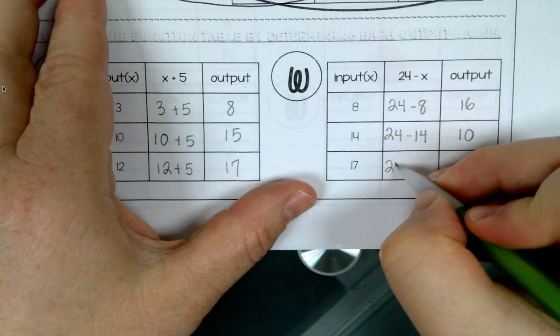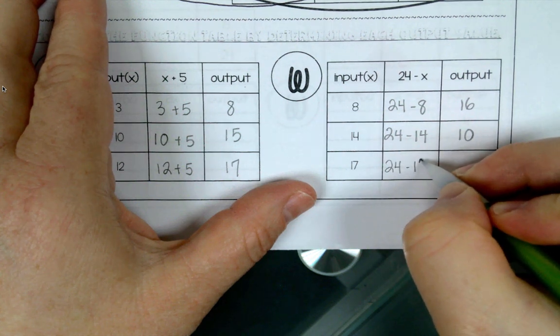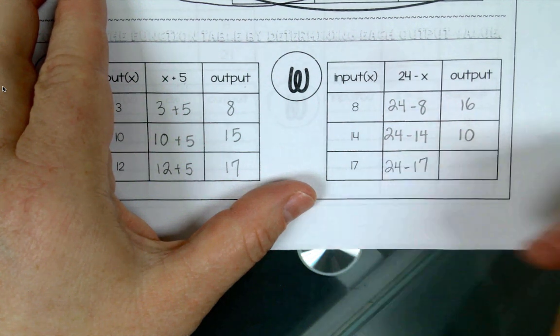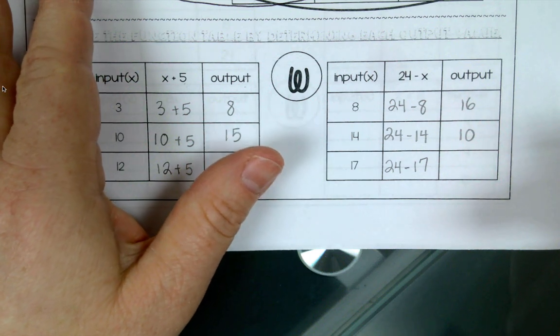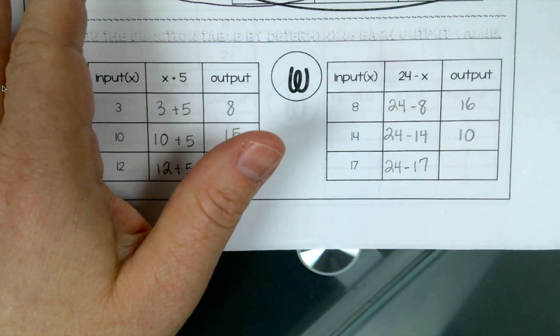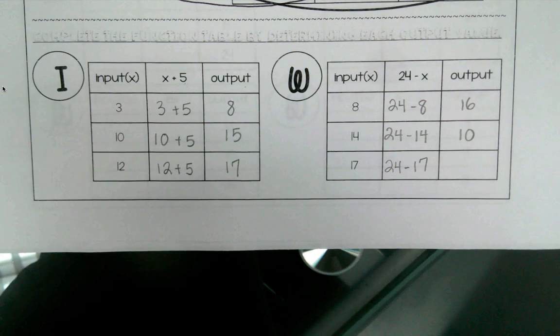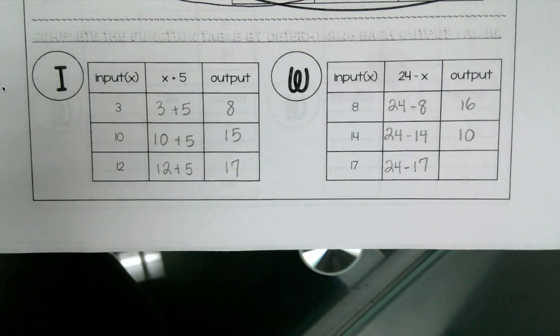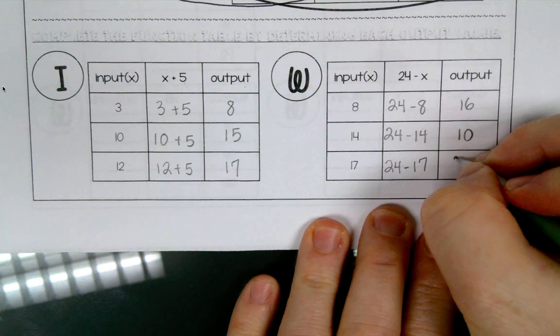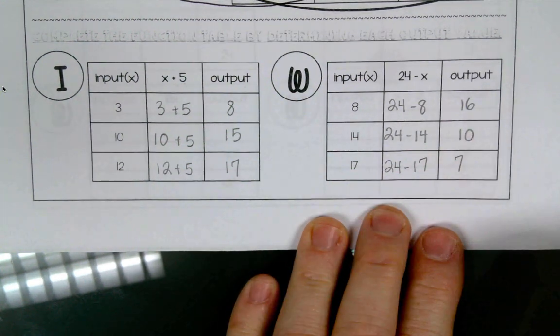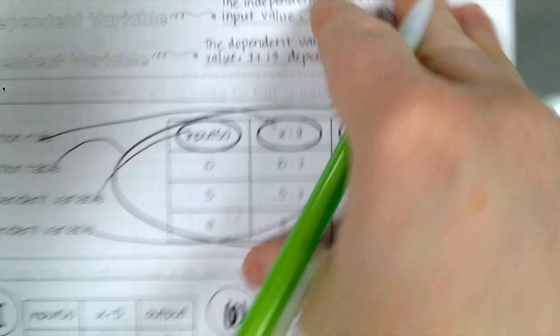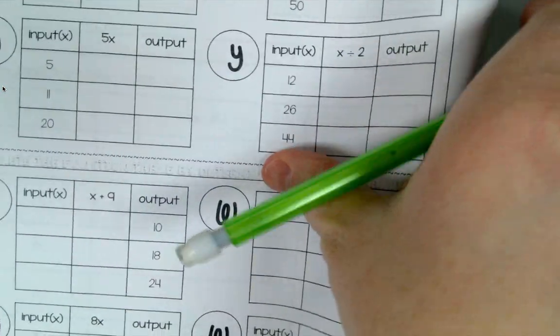And then 24 minus 17, let's see, minus 10. I'm having a brain fart. I know, you're probably picking up your calculator. It's 7.